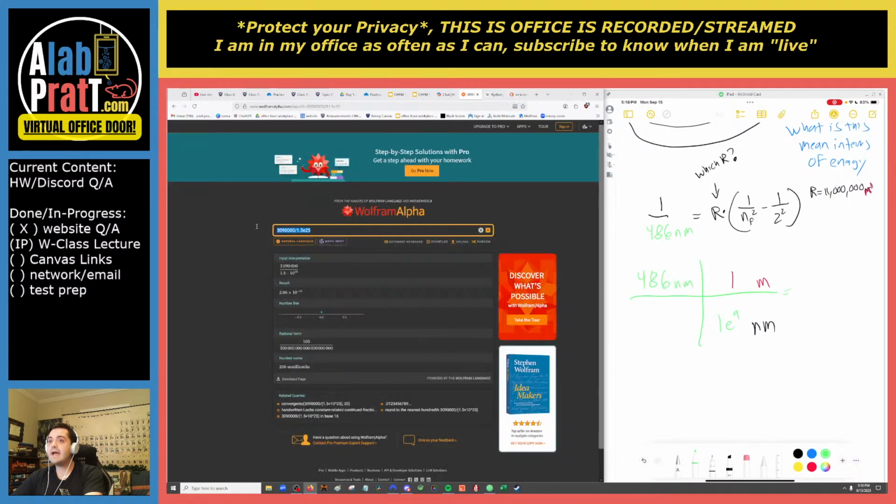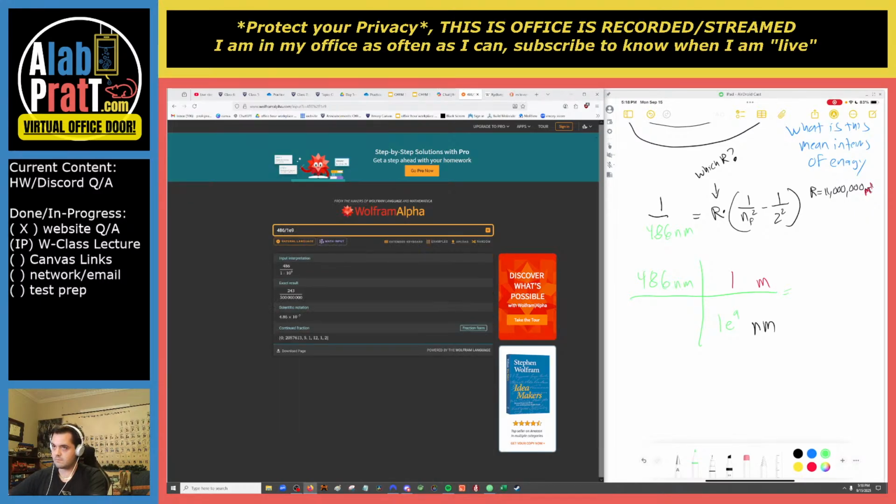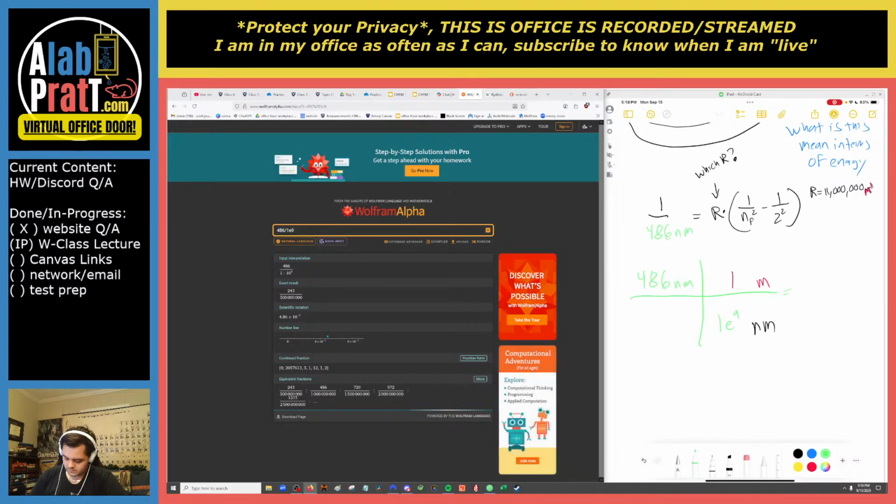And so we'll take that and put it into Wolfram Alpha. And we get 4.86e-7 meters. Okay, great.